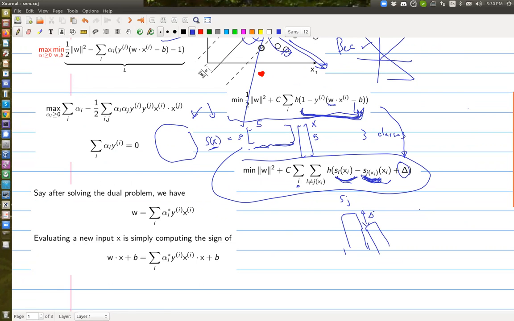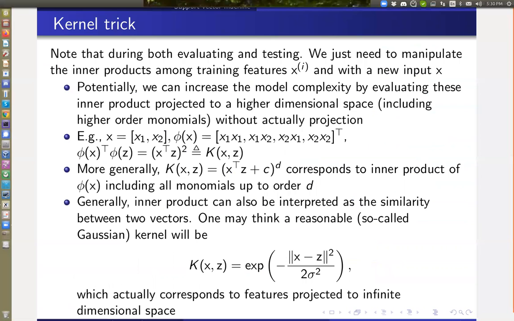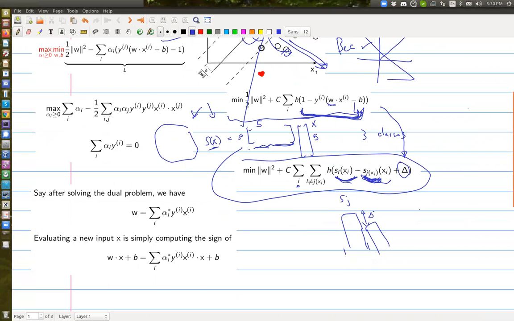First of all, maybe just a poll: how many of you have heard of the kernel trick? Okay, I guess it's worth talking about.